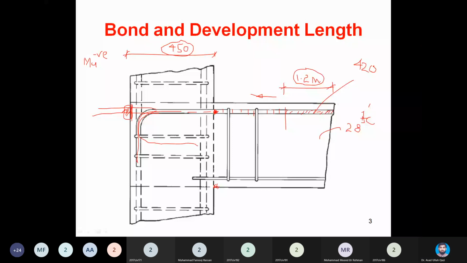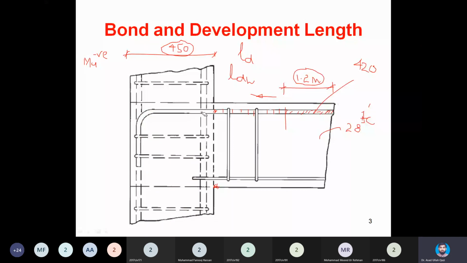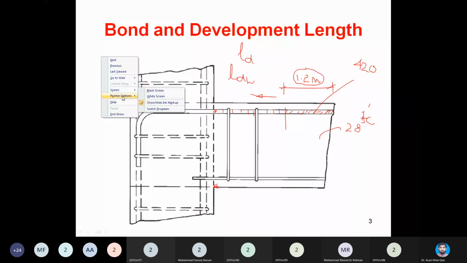So then you will be allowed to use, rather than straight bar LD, a hooked bar LD with the subscript H. So the hooked bar will be a bar which will have a 90 degree bend or 180 degree bend, and the hooked bar LDH I will measure from the exterior face of the bar onward until this LDH is accomplished.